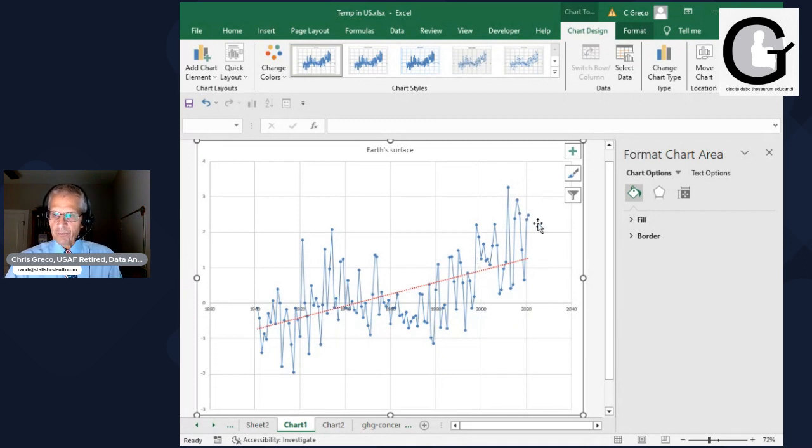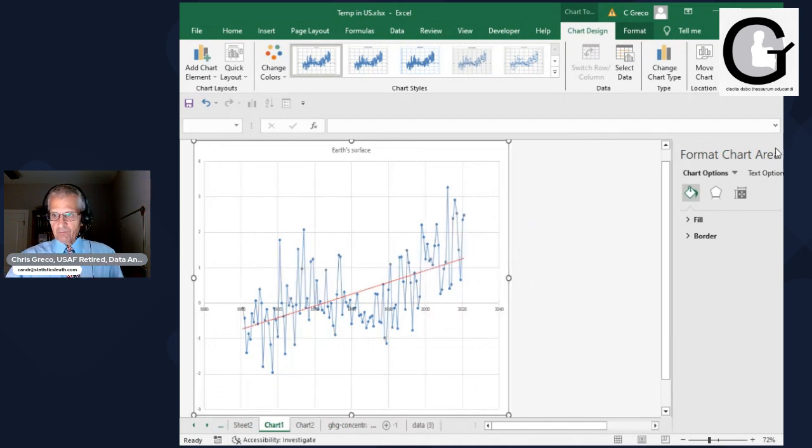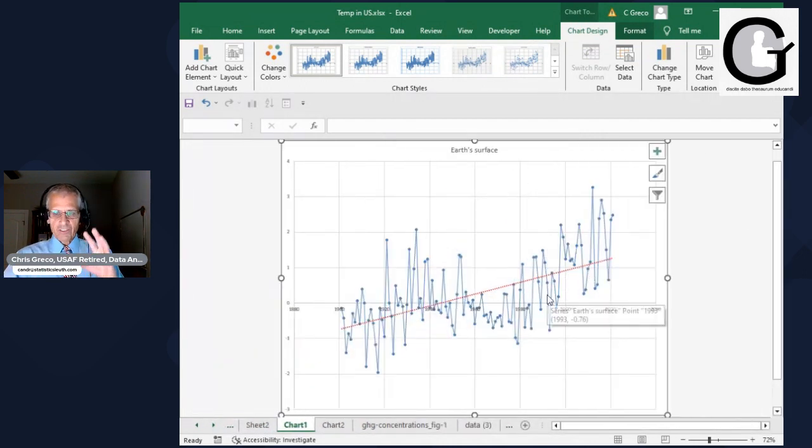And it actually has come down since that time frame. But is it going up? Yes. The Earth's surface temperatures are going up, according to this data. Now, what's the definition of this data? The definition of this data is temperatures measured, basically observed through that area.